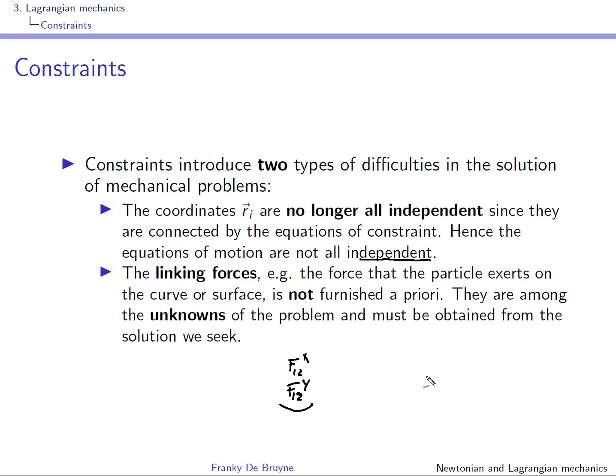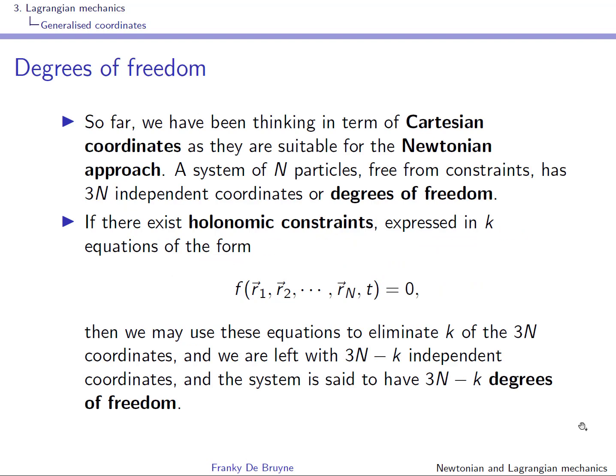And you had something similar with the wedge and mass problem, where you had a linking force R that had to be determined and eliminated, right? Well, the idea with the Lagrangian mechanics is that you don't care about the linking forces, or they are not part of the problem, so you don't have to eliminate them. This is what we'll see later on in the course.